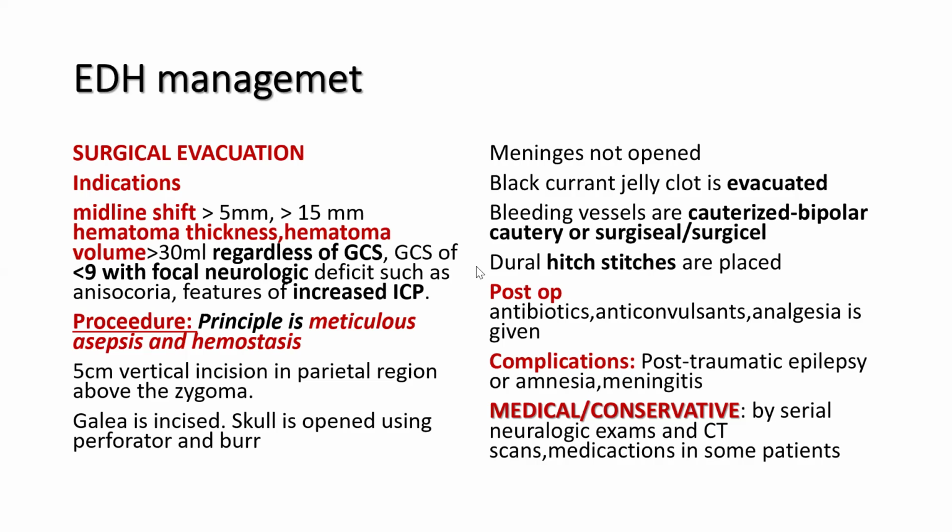You can divide and put those millimeters, and then you approximate on the lesion, so you will be able to see the size or the thickness of the lesion. If it is more than 15 millimeters, it is supposed to be evacuated. So even here, the radiologist will give you a thickness and the volume of those different hematomas.